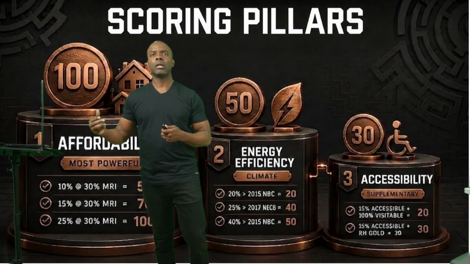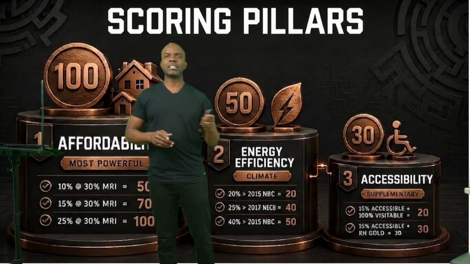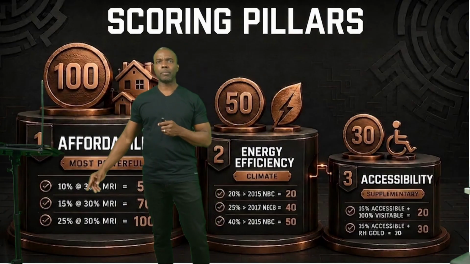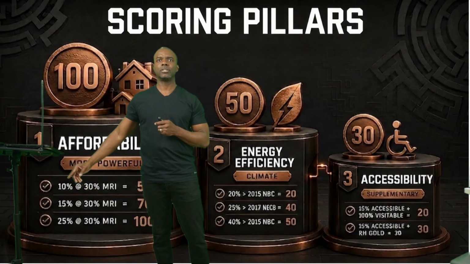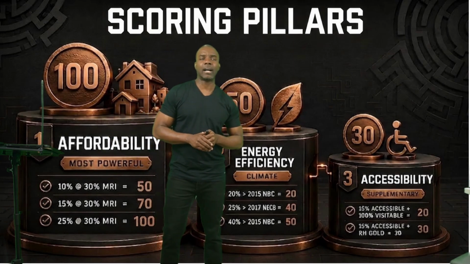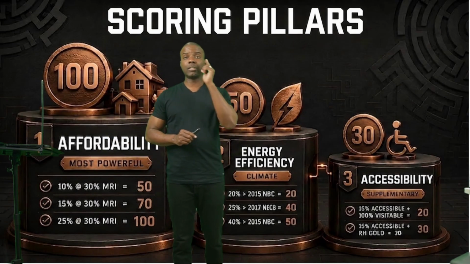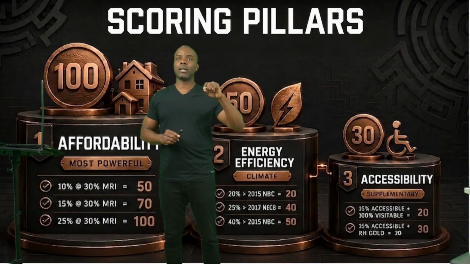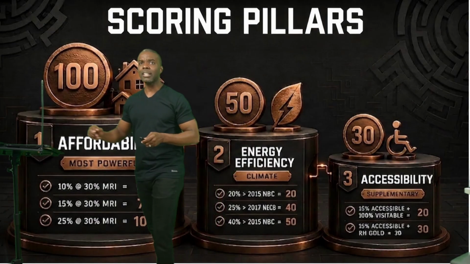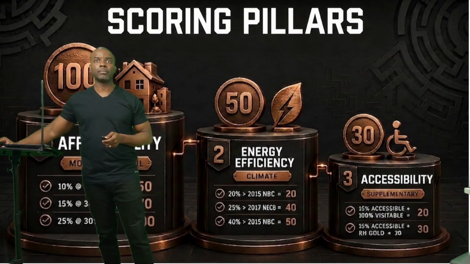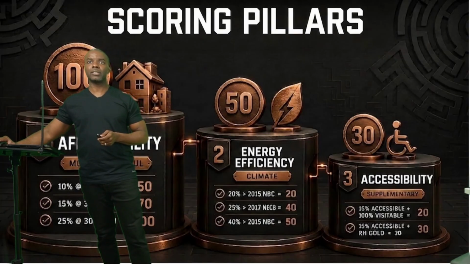Okay, so from an affordability standpoint, you can see up to the top here, it says 10%, 30% MRI, right? So we're not going for a scan anytime soon. What we are looking at here is what is called the minimum renter income. So the minimum renter income, you can see there is 30%.